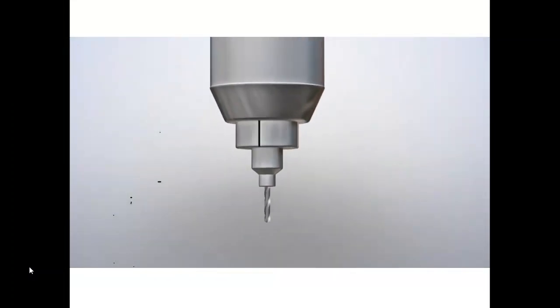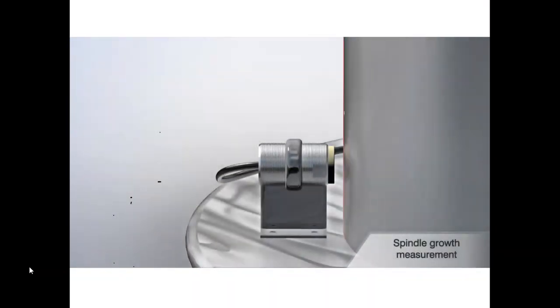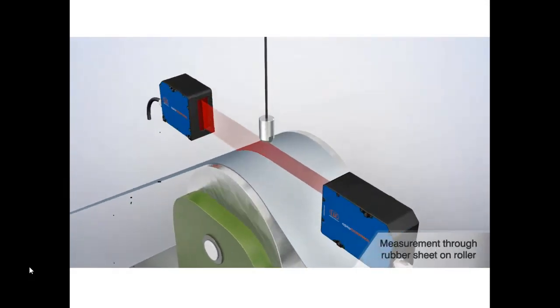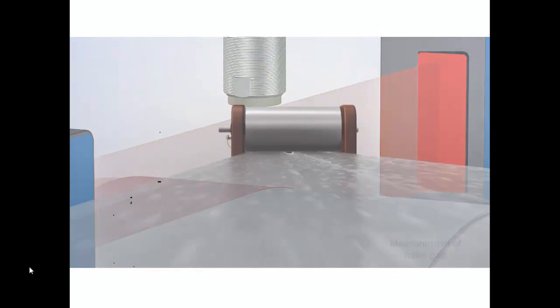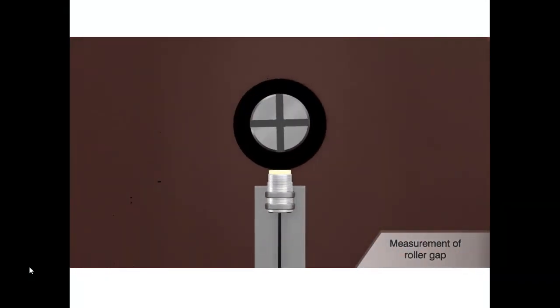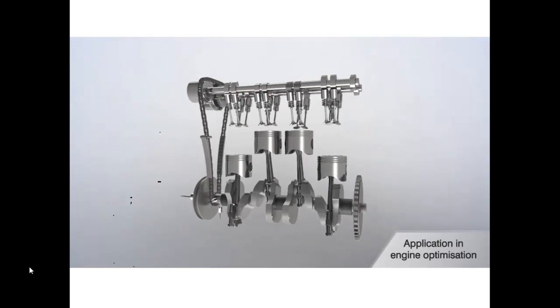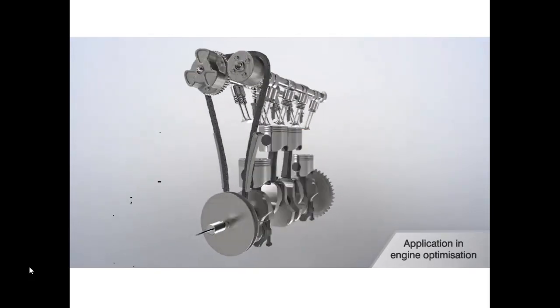Now these are some of the examples, or some of the applications of this type of sensors. We can measure spindle growth, measurement through rubber sheet on roller, measurement of roller gap. So this is where the eddy currents are installed. Obviously the distance between the probe and the object whose distance is to be measured changes. In engine optimization, you can connect it to the crankshafts.